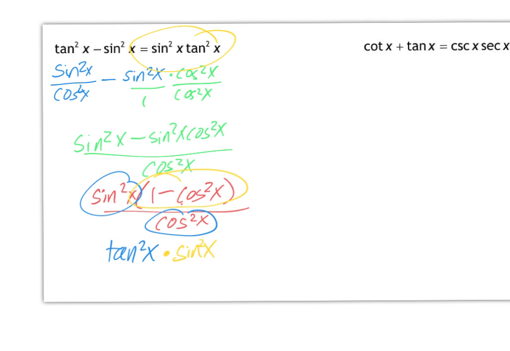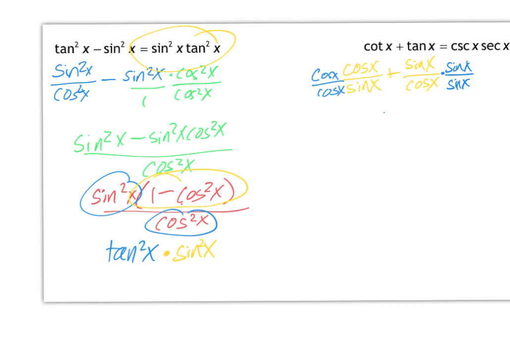Looking at the one that we have on the right, I'm going to rewrite this in terms of sine and cosine first. Cosine of x over sine of x plus sine of x over cosine of x. Let's find some common denominators here. On the right, I'm going to get sine x over sine x. On the left, I'm going to get times cosine x over cosine x. Cool.